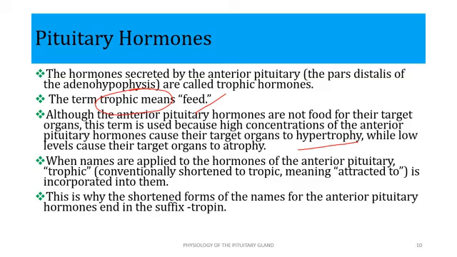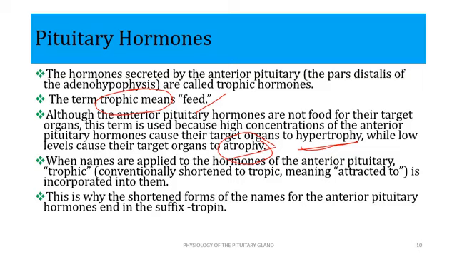This is known as atrophy. That's why I insist hormones produced by the anterior pituitary are known as trophic, because high secretion leads to hypertrophy, while under-secretion leads to atrophy of their target glands.